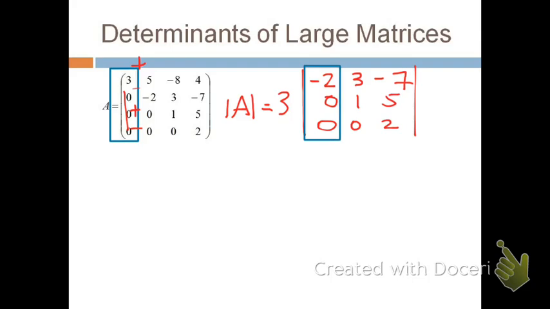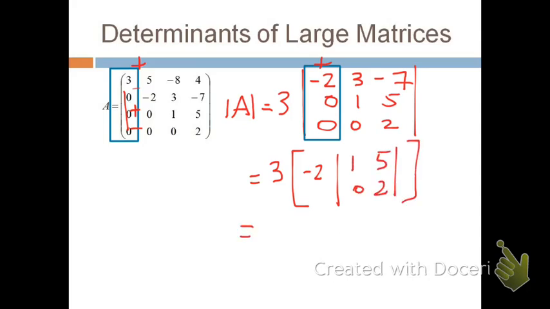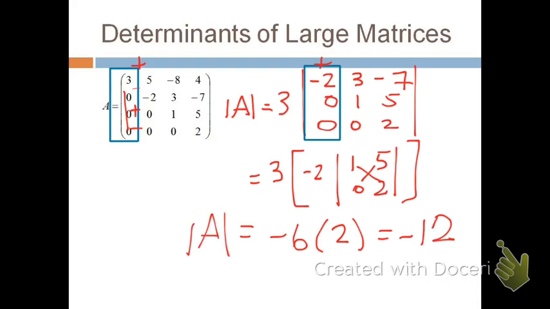We'll have 3 times, and this is a plus, so plus a -2 times the resulting matrix 1, 5, 0, 2, which gives us -6 times the 2 here, because this term is 0, and we get -12. This is the determinant of this matrix, which means that it's not 0, so it is invertible.